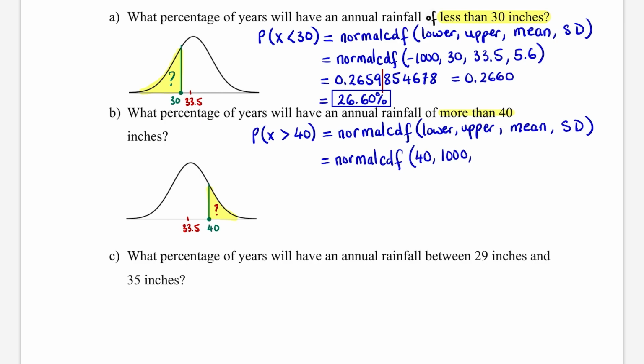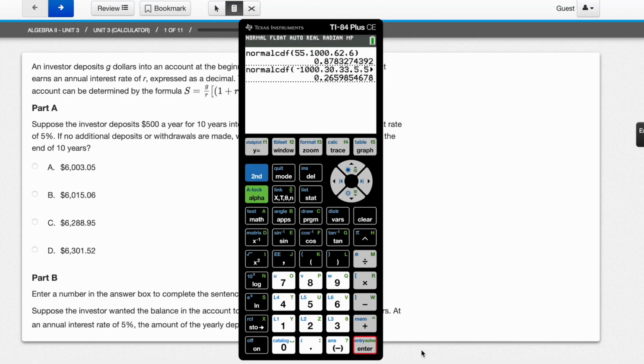Mean is 33.5 and standard deviation is 5.6. And I put this in my TI-83 or TI-84 calculator. I need to get to my distribution list first. So I hit second, distribution, and I choose the second one, normal CDF.